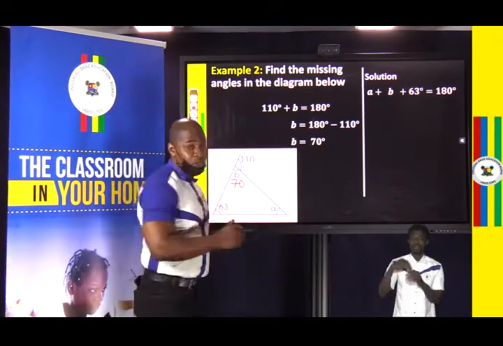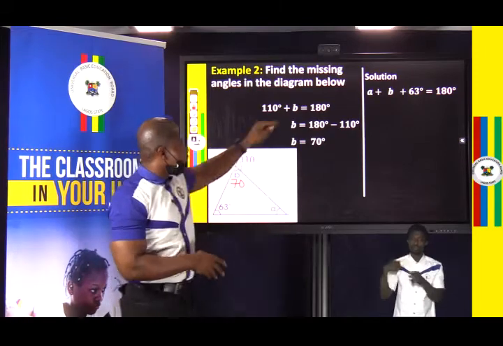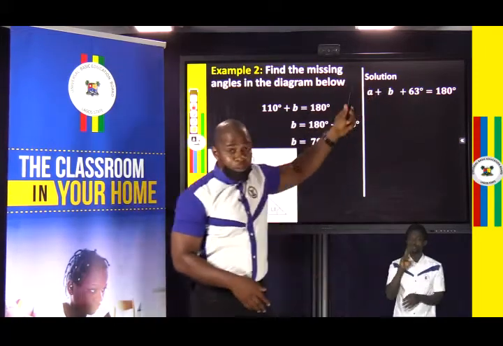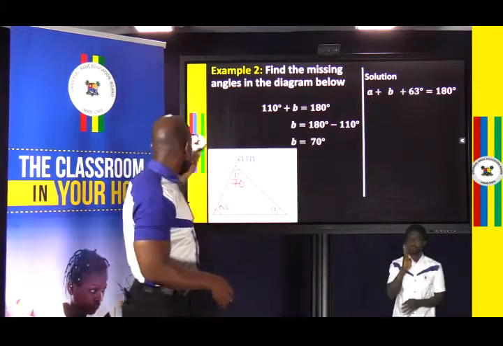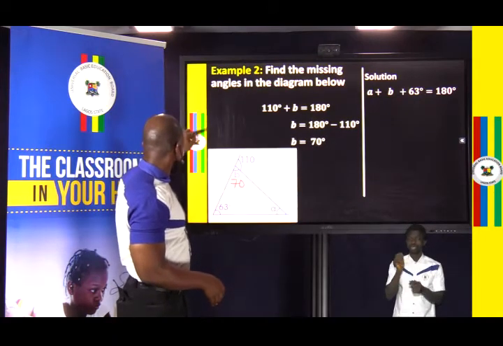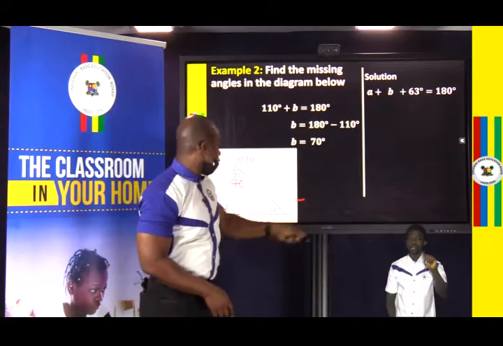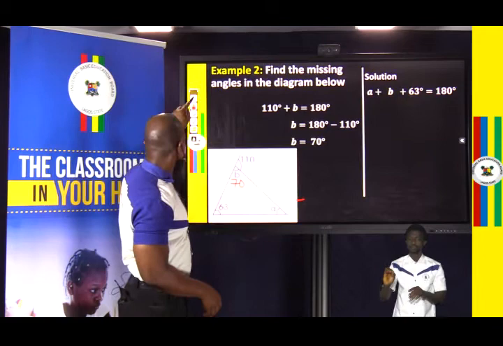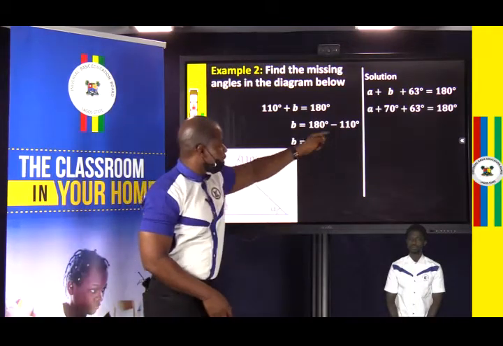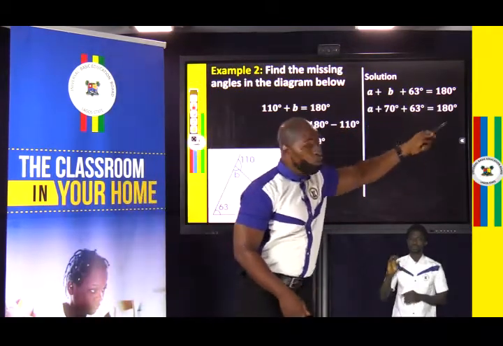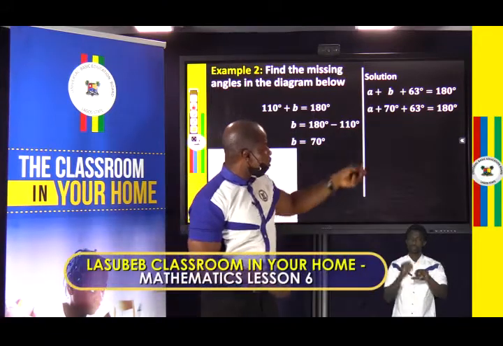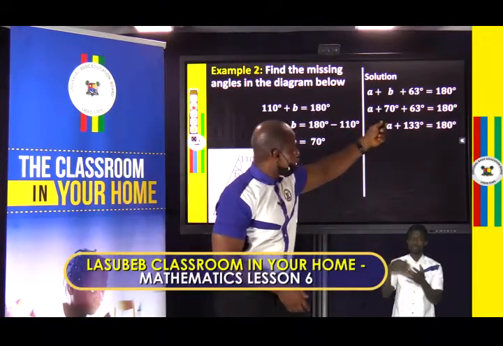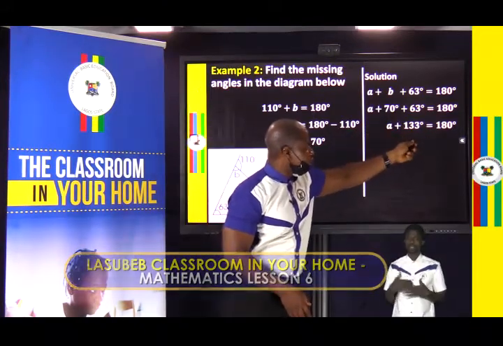And so when we know that B is 70, we can write B to be 70. And in our first equation, we can change it. So B is no longer B. B is now 70. So we can write A plus 70 plus 63 is 180. So we can take all the numbers to the other side. 70 plus 63 gives us 133.